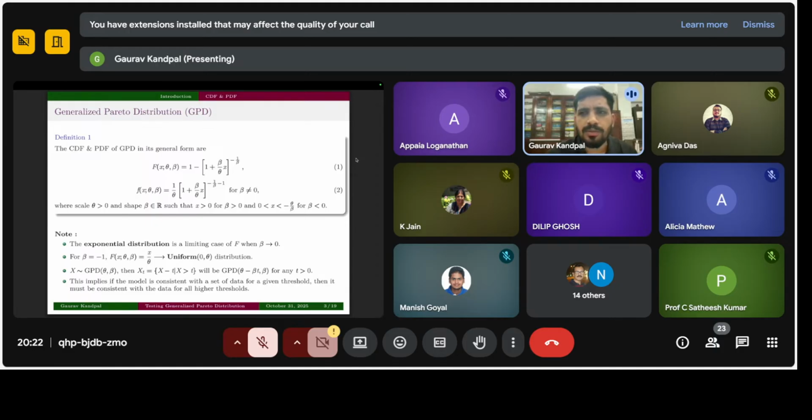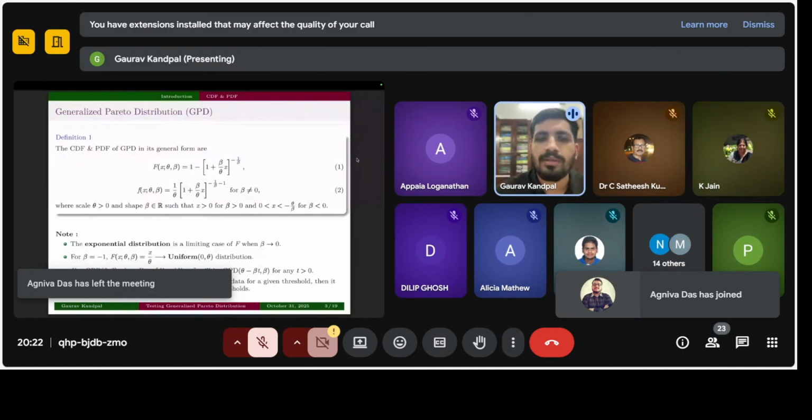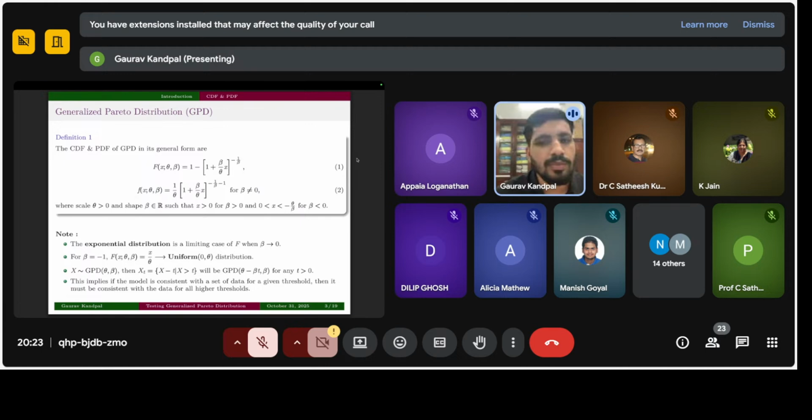That is why creating a goodness of fit test for this distribution is kind of a challenge. And the GPD also has very good properties. As you can see in the note, the first property is that the exponential distribution is a limiting case of the generalized Pareto distribution when beta tends to 0. The second is that when beta is equal to -1, this distribution is the uniform (0, theta) distribution.